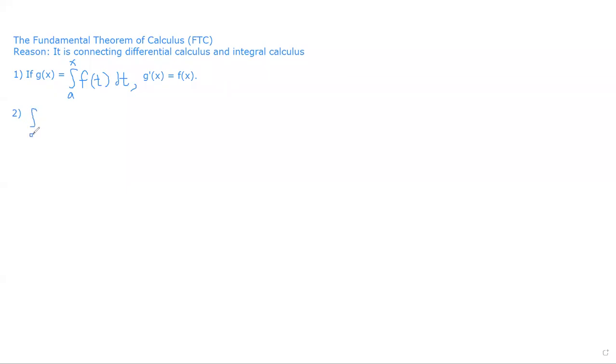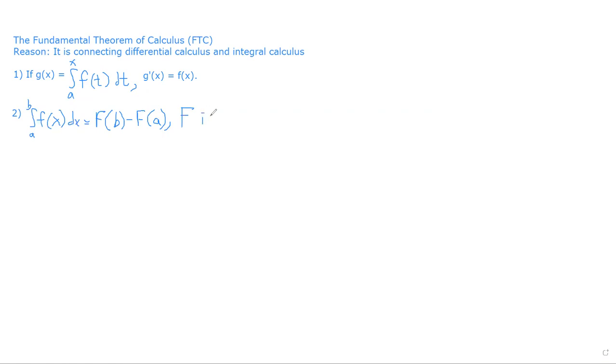From two points, from a to b, of f of x dx, like you're trying to find the area under a curve, then the value of this integral or area is just equal to capital F of b minus capital F of a, where capital F is any antiderivative.